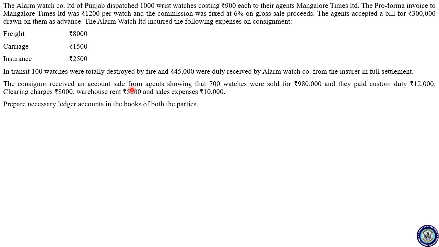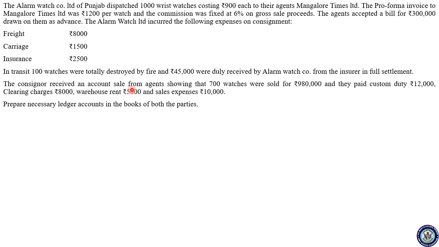So custom duty is nothing but a tax on the goods which cross the borders. It is like freight, sorry, it is like octroi. In the previous class we had octroi, but custom duty is usually imposed on the international borders.